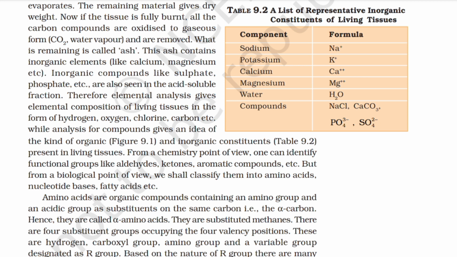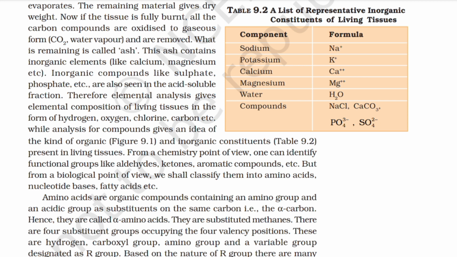What is remaining is called ash. This ash contains inorganic elements like calcium, magnesium, etc. Inorganic compounds like sulfate, phosphate, etc. are also seen in the acid soluble fraction.